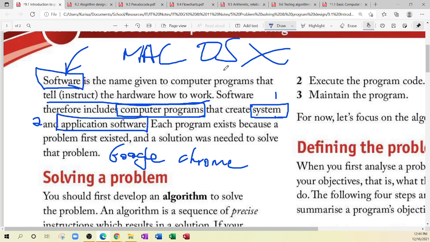Or you can give an example. Actually, I guess application software is like the software that allows you to accomplish your goal or purpose. Something like that. Anybody want to help him? Application software is an app? I don't know. It could be an app.